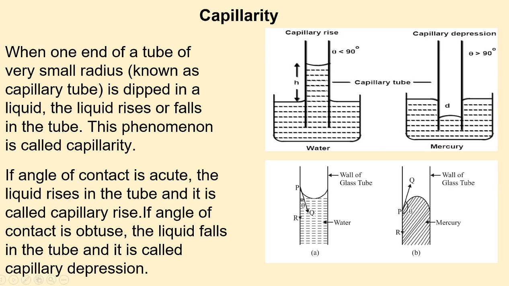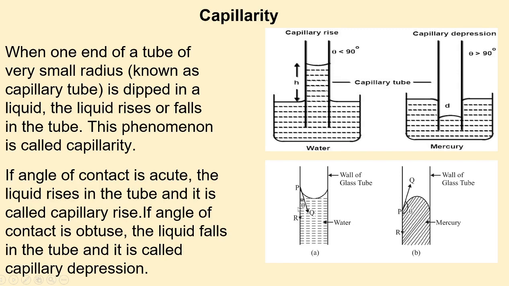Okay, if the angle of contact is less than 90 degrees, that is an acute angle, as you can see here in the case of water. Suppose you are placing a capillary tube in water. The angle of contact is less than 90 degrees, that is an acute angle, and the liquid will rise in the tube.